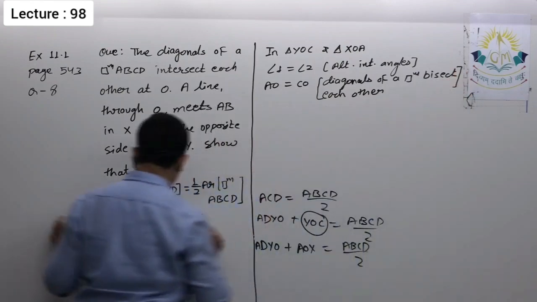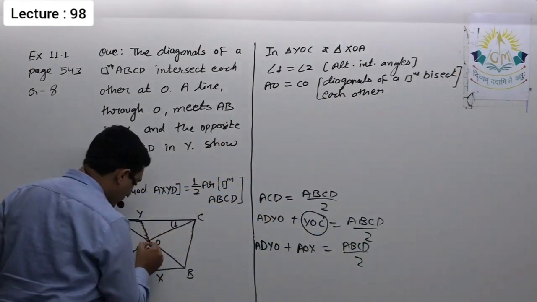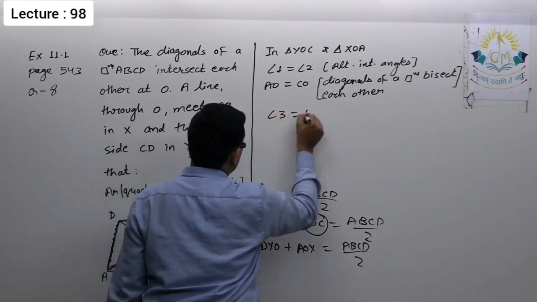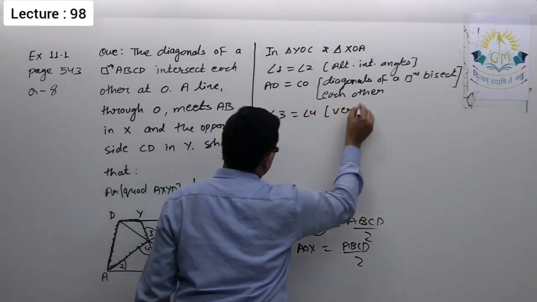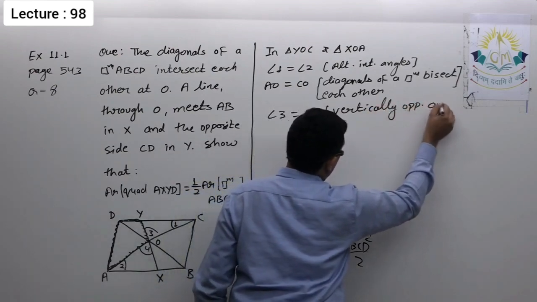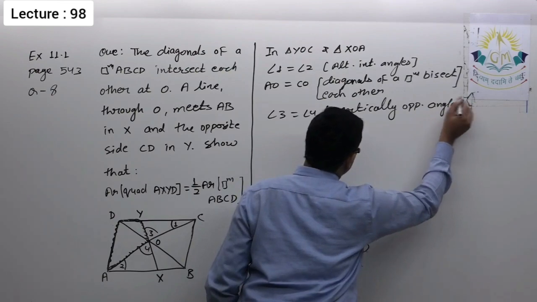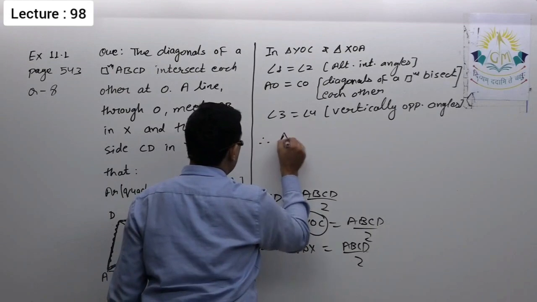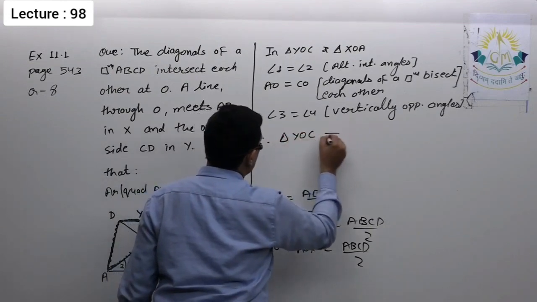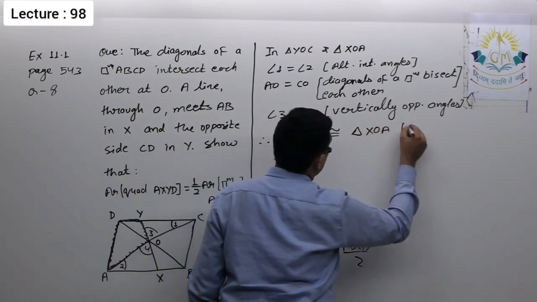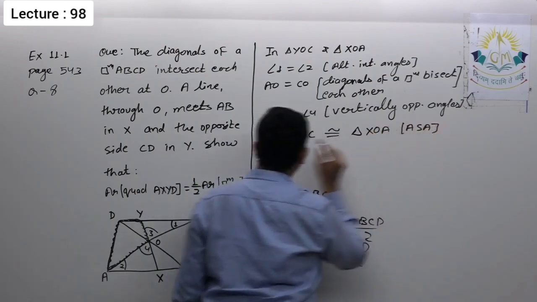Then I can write angle 3 is equal to angle 4, vertically opposite angles. So here you can see, even in this chapter we need congruency. Therefore triangle YOC is congruent to triangle XOA by angle side angle.